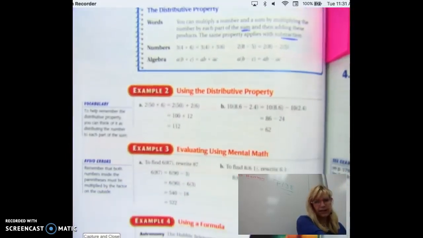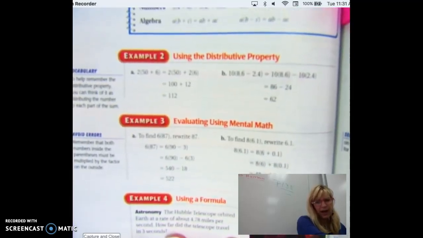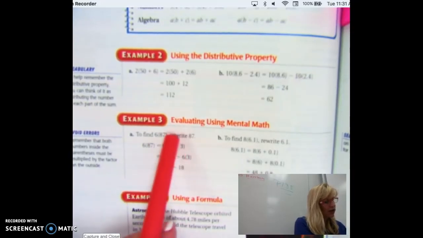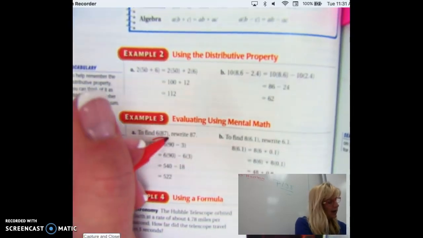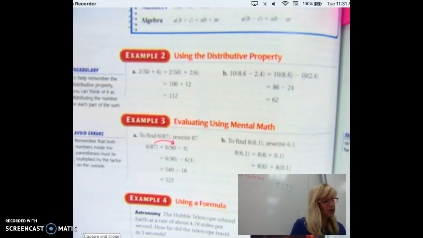It is in your book if you need it, but you can pause that and really circle this part where they've rearranged 87 as 90 minus 3. They didn't change the amount, they just changed how it was written.